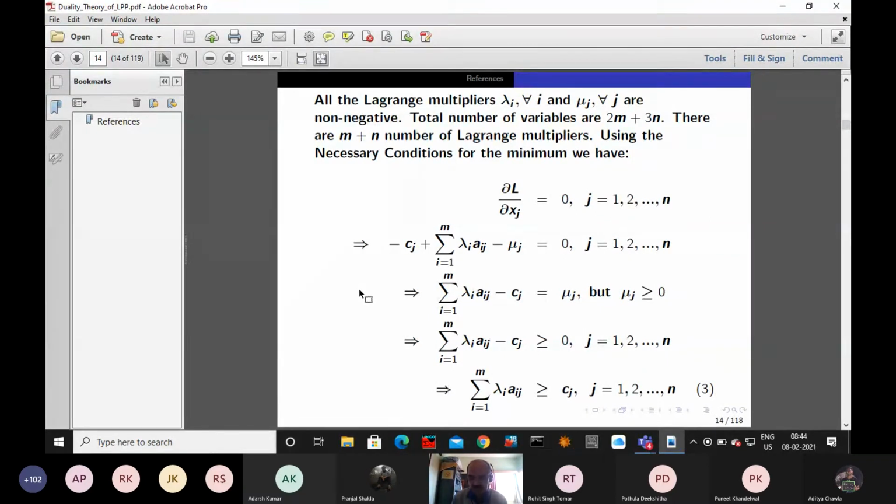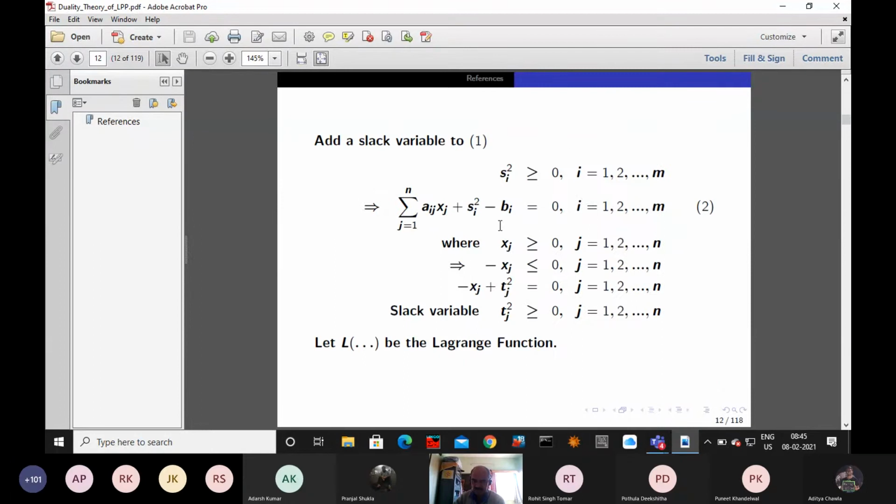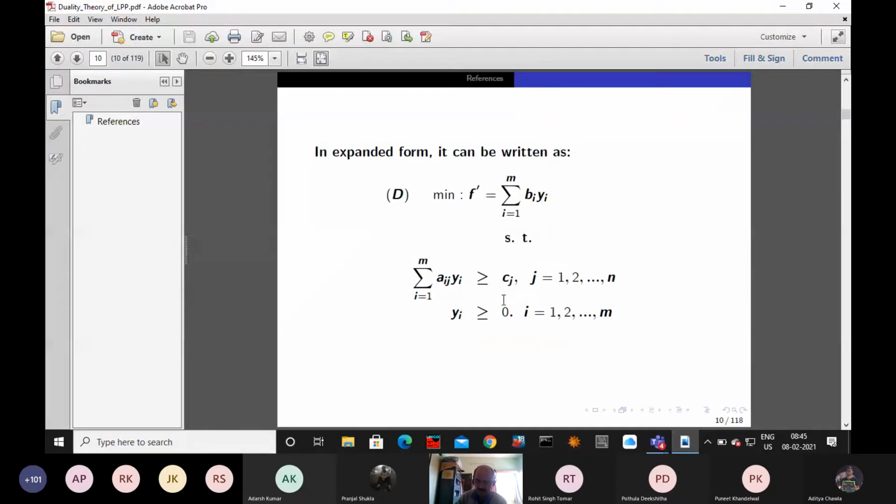I think we have covered this, but still I am repeating. When you take derivatives, del L by del x_j equal to 0, there are n such equations. I will tell you how to simplify this.